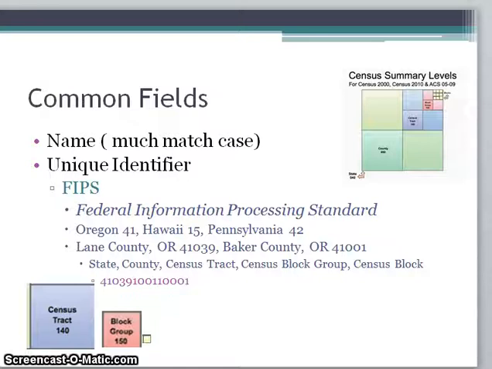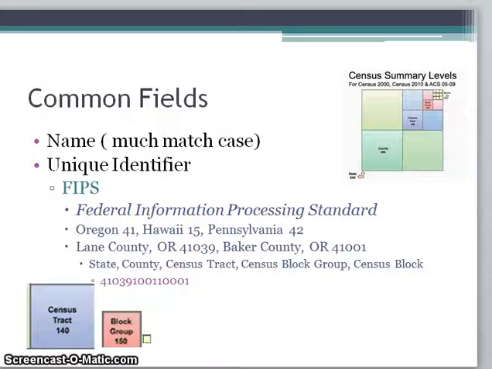Often you'll have a common field that's a name, and that's an easy thing to match, but you may have a number or a unique identifier, and we talked about those a little bit last term. So the unique identifier for this block group in Oregon actually starts with 41 for the state, and then 141 and 150.